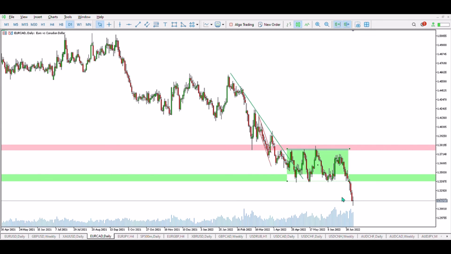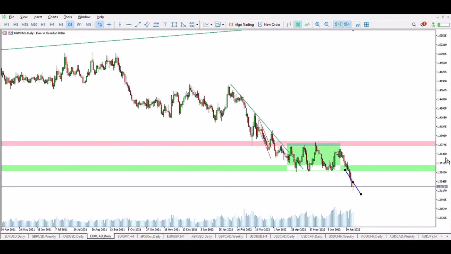We have the rectangle pattern, or the consolidation pattern, with this consolidation box. After we get such a consolidation, we just wait for a bullish or bearish breakout. If it's bearish, it goes from here to the downside, and usually we can expect nearly the same size as the pattern gone bearish.